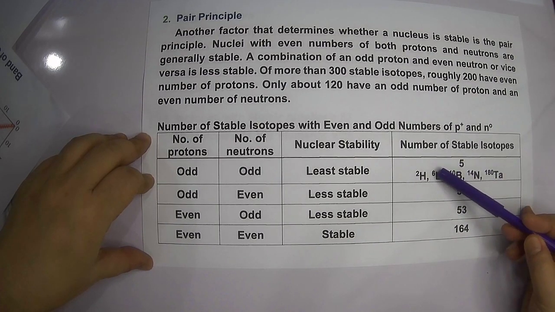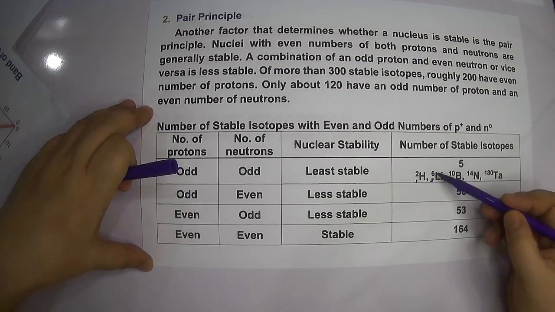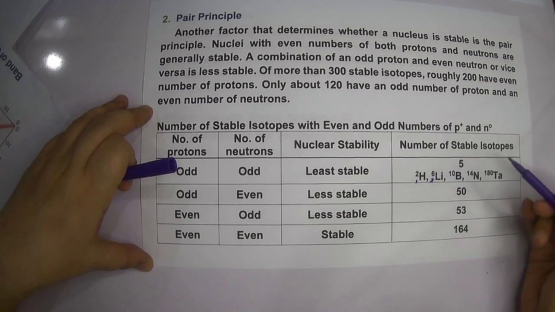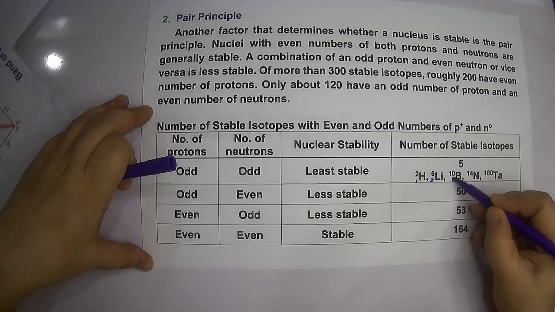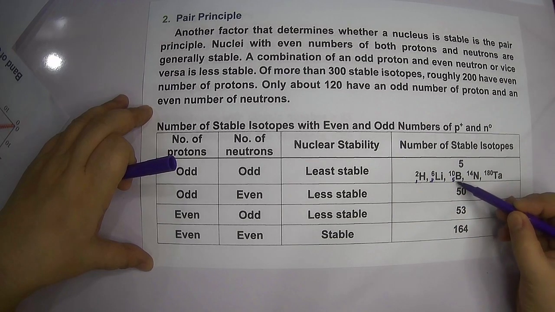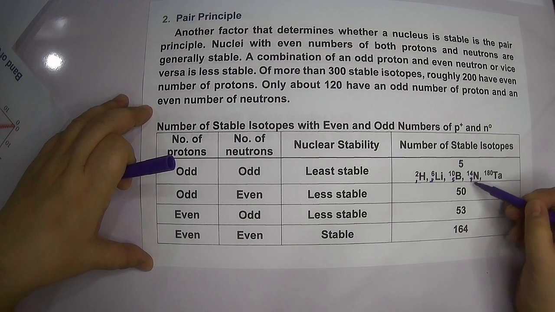Lithium-6: lithium has an atomic number of 3, so the mass number is 6, and you have 3 protons, 3 neutrons. Boron with atomic number 5: 5 neutrons, 5 protons. Nitrogen-14, atomic number 7: 7 neutrons, 7 protons.